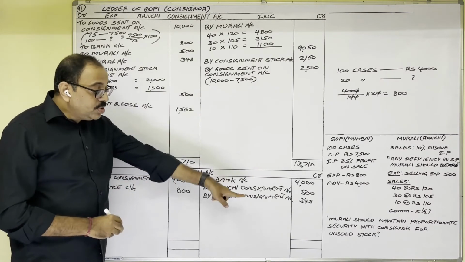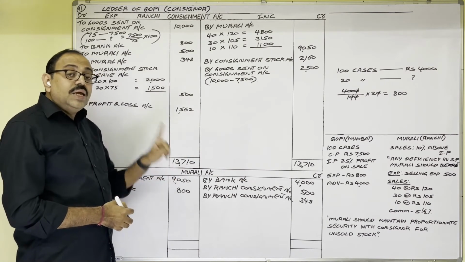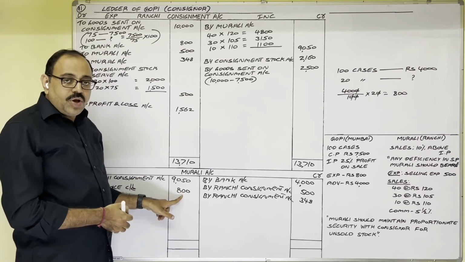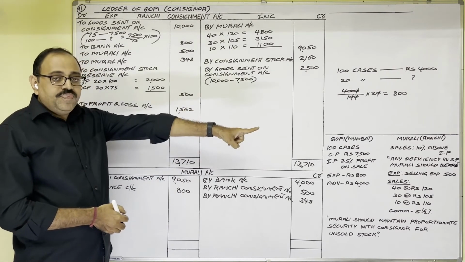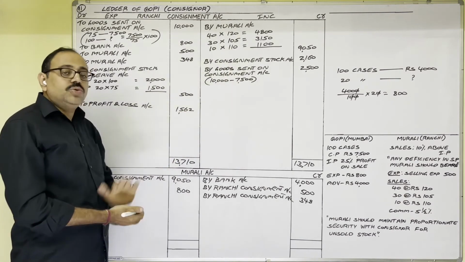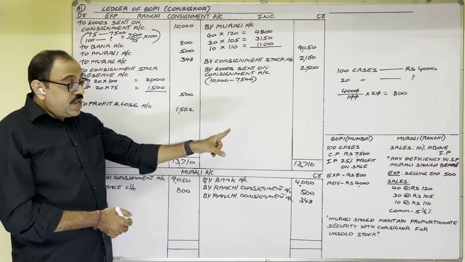So if credit amounts total is more, then the meaning is Murali is a creditor for this 800 rupees. Because our goods are with him, he has not sold these goods yet, but he has given advance to us. So for this 800 rupees, now we are liable to Murali.